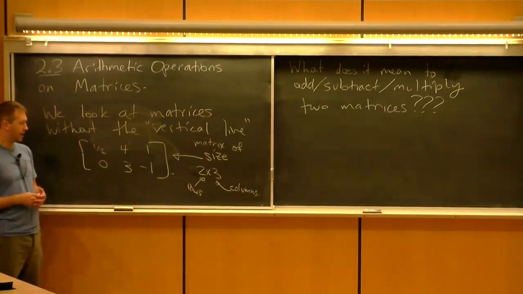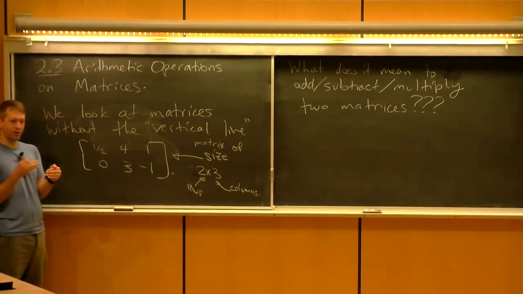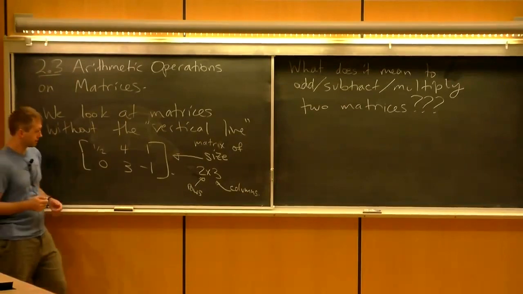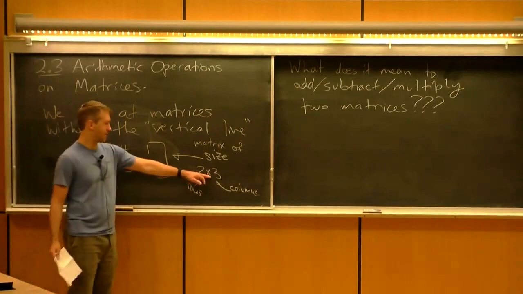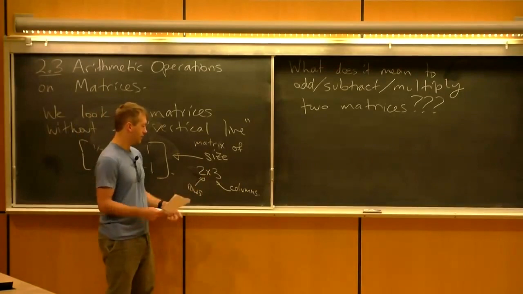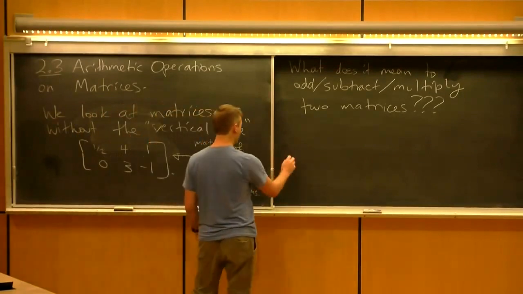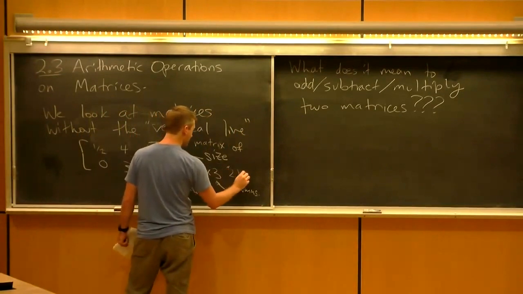You have to remember this order. You always write the number of rows first, the number of columns second. This x here is not really times. You read this as not 2 times 3, but 2 by 3. So it's a 2 by 3 matrix.